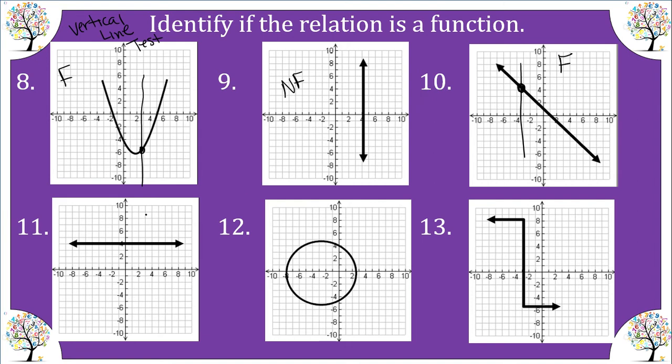Number 11, the horizontal line is a function. And then we have this circle, and we can see that it's going to hit at 2 points, more than one. So this is not a function. And 13, this part of the graph here makes this not a function.